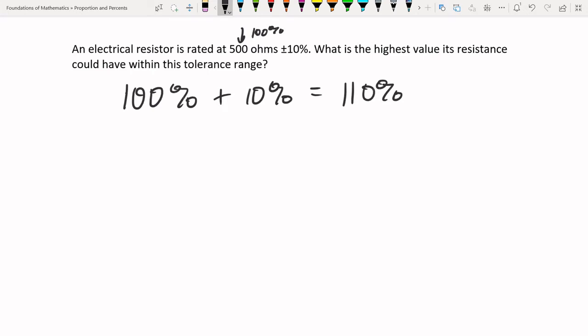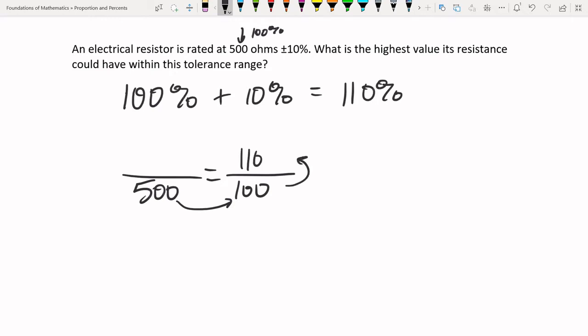That's going to be our base. 500 equals 100, right? 500 goes to 100. And if 100 increases to 110, then 500 increases to what value? It's obviously going to be bigger than 500.